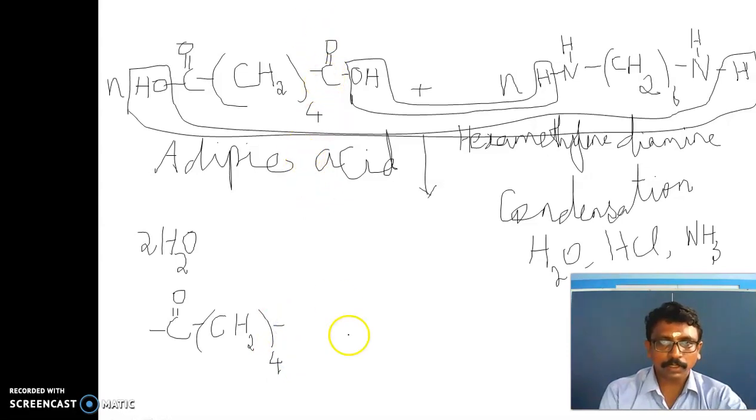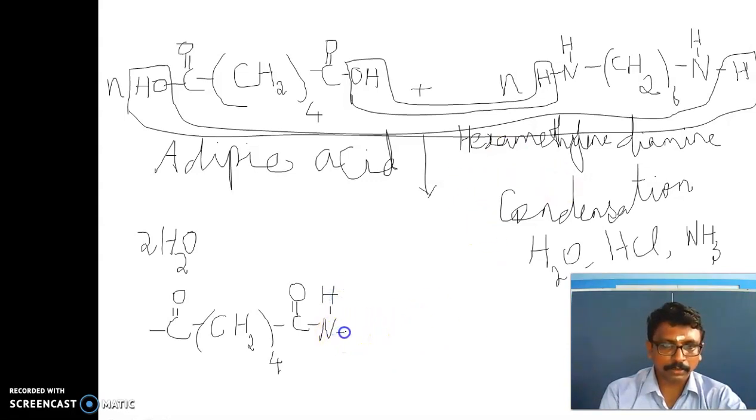So here also C double bond O. Here the hydrogen is removed, so remaining is nitrogen, NH.